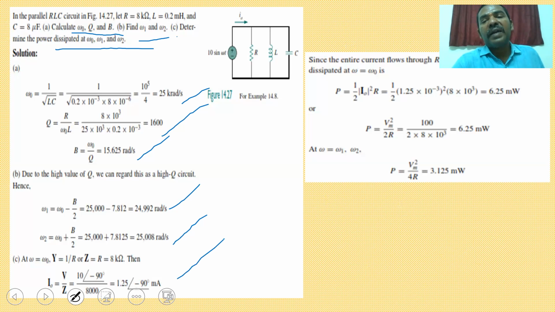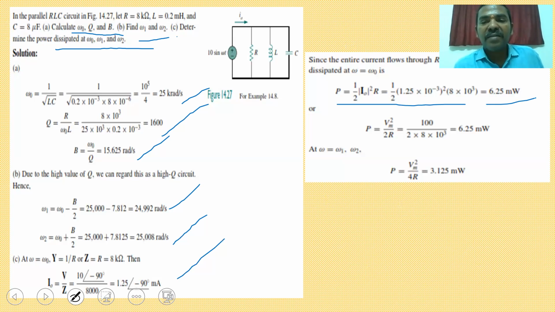Now we are taking the power at the resonance condition. P is equal to half times the magnitude of current squared into R. So 1 by 2 into the magnitude of current 1.25 into 10 power minus 3 squared into the resistance value 8 into 10 power 3. So finally we are getting the value of power as 625 milliwatts.